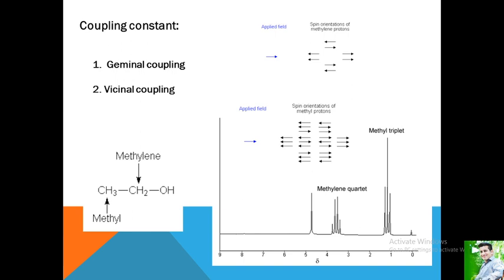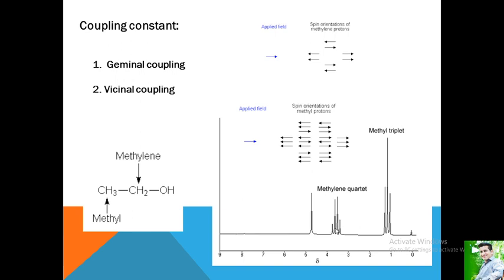So the methylene peak is split into a quartet. Here we can see the methylene peak is split into a quartet. The areas of the quartet peaks have the ratio of 1 to 3 to 3 to 1.